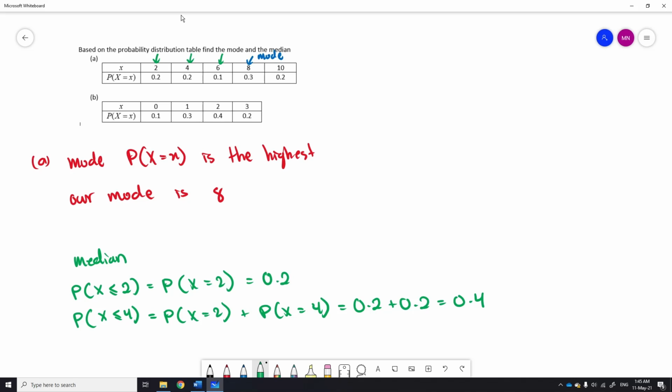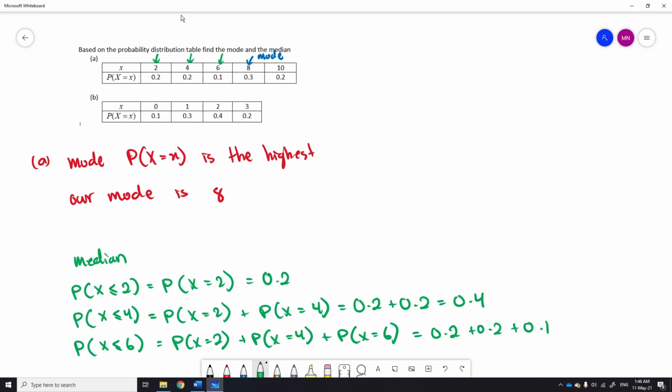Then we go next with the probability of x less than or equal to 6, which means probability of x equal to 2 plus probability of x equal to 4 plus probability of x equal to 6. So 0.2 plus 0.2 plus 0.1, then we have 0.5.